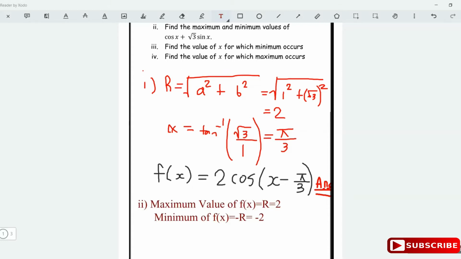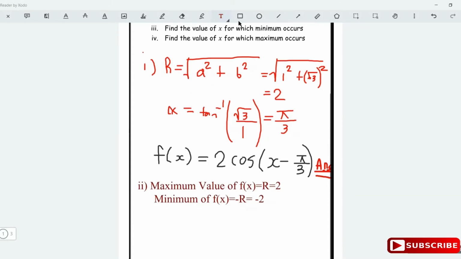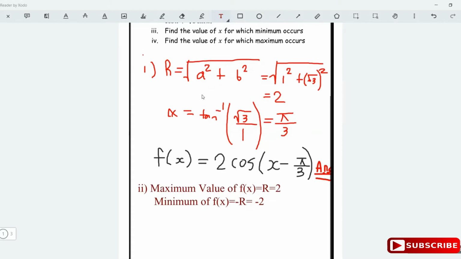Next, it wants us to find the value of x for which the minimum occurs. The minimum occurs when f of x equals -2. So what you're going to do is set f of x equal to -2 and solve for x. That will give you the value of x for which the minimum occurs.